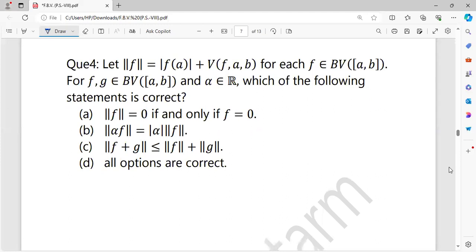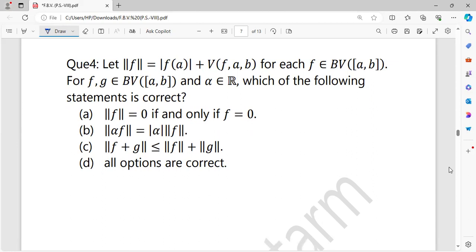So question number 4. For each function F of bounded variation on the closed interval [a, b], I am writing the norm of F, with two vertical lines. The norm of F is equal to the absolute value of F(a) plus the variation of F. For each F and G belonging to the set of functions of bounded variation, and alpha belonging to R, which of the following statements is correct?